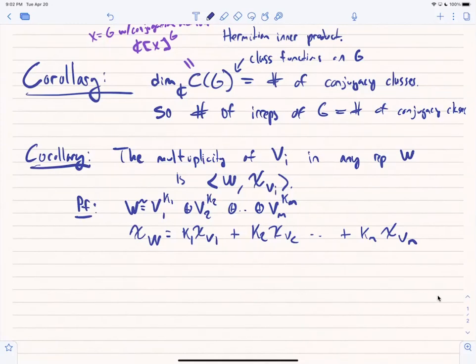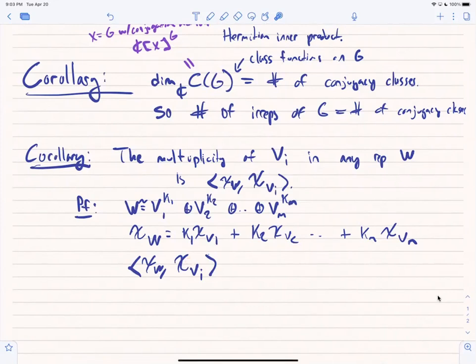Good. So if we look at the inner product of chi of W with chi of V_i, well, every time I pair one of these irreducible representations, if it's not the ith one, with this, I'm going to get 0.